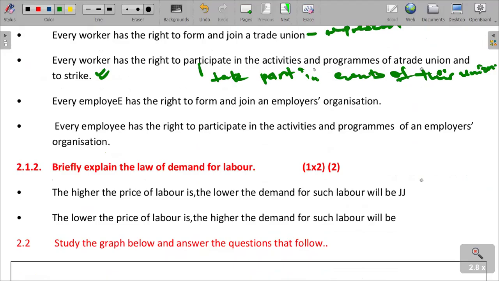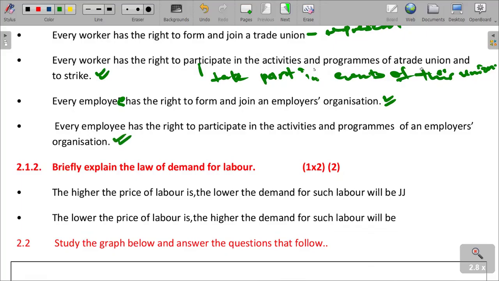Every employee has the right to form and join an employers' organization, which also represents various conditions and workplace ethics. Every employee also has the right to participate in the activities and programs of an employers' organization.